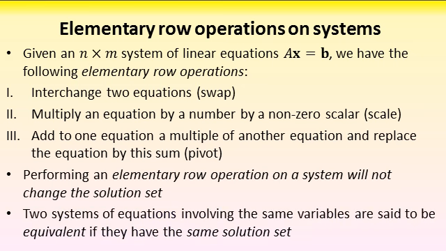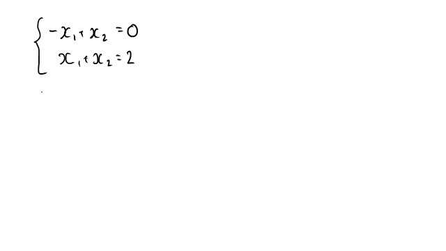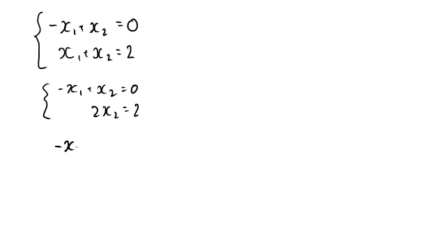Let's take a look at this system again. The way to solve it is to add the first equation to the second. That gives us minus x1 plus x2 is 0, 2x2 is equal to 2. Then I multiply the second equation by 1/2, which gives me minus x1 plus x2 is 0, x2 is equal to 1.